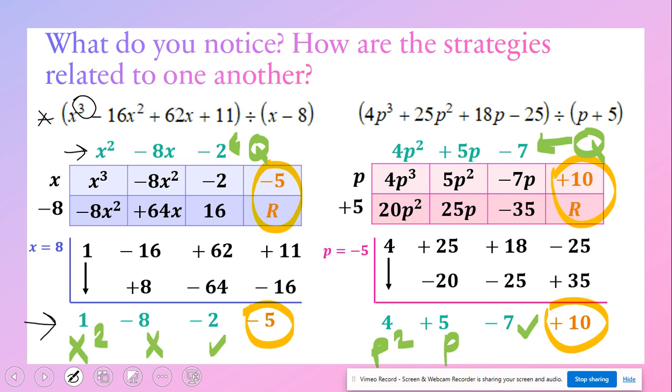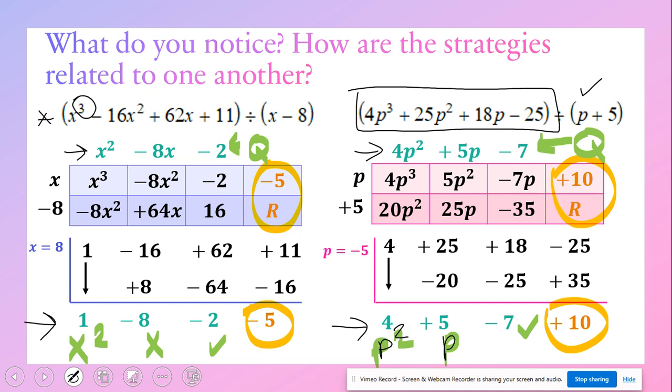If we look at the second example, it was 4p to the third plus 25p squared plus 8p minus 25. And since we're dividing by 1p, it's going to reduce by 1 degree. We see that here. We got 4p squared plus 5p minus 7 in our box, and it's going to be the same thing in our synthetic. We just have to actually go in and add the p squareds and the p's, or the x squareds and the x's. So that's one little downside.